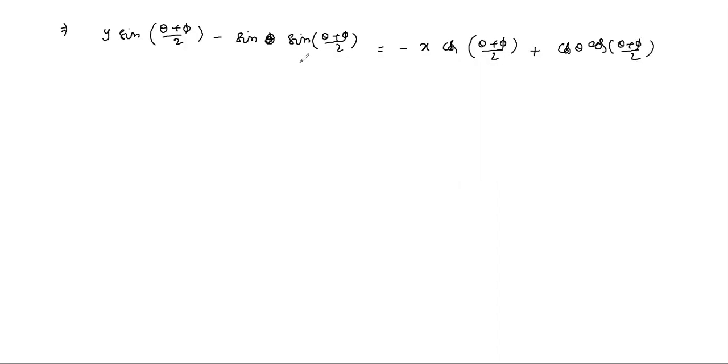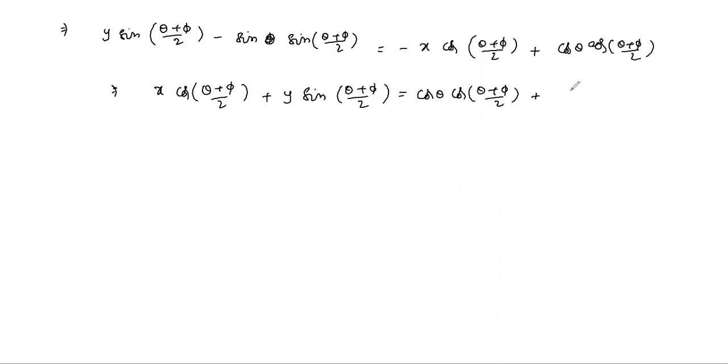Take the x term to this side, so plus x cos theta plus phi by 2 plus y sin theta plus phi by 2. The other terms you take to the right side: cos theta cos theta plus phi by 2 plus sin theta sin theta plus phi by 2.